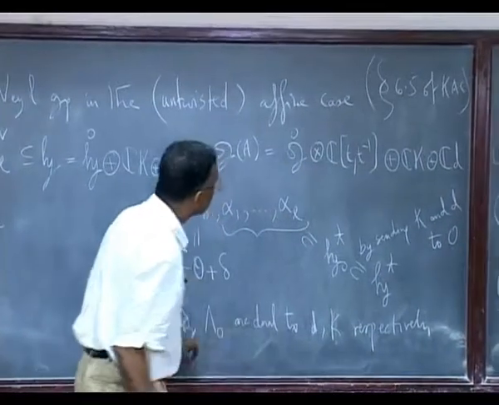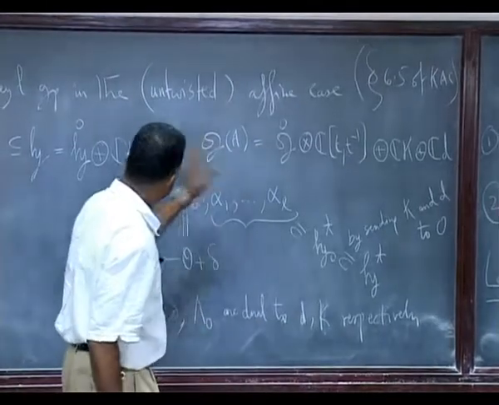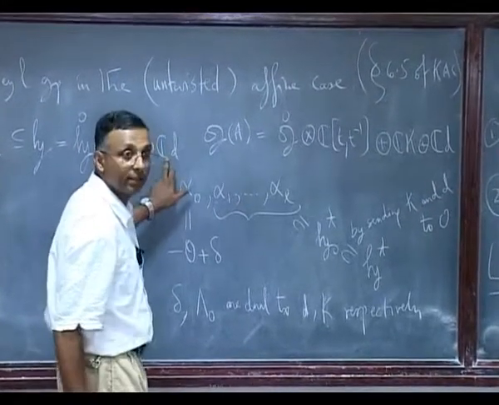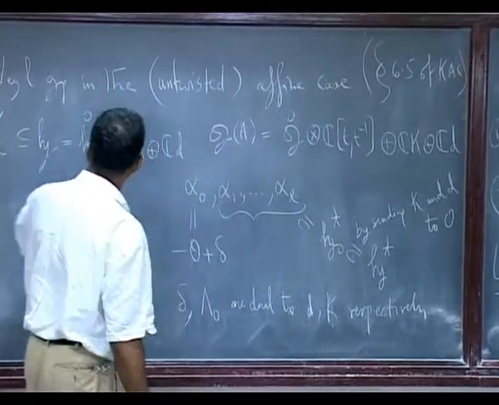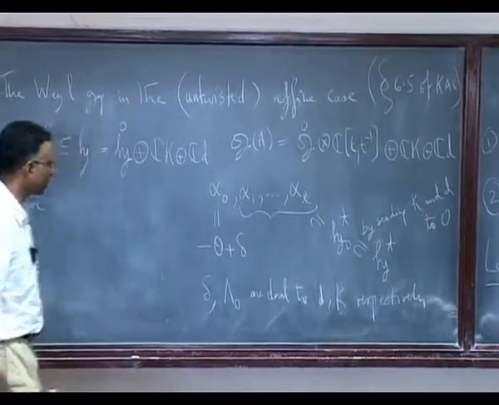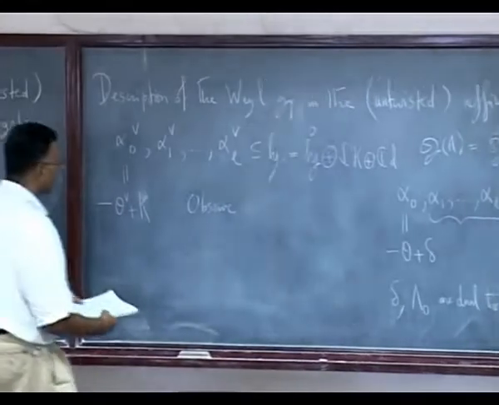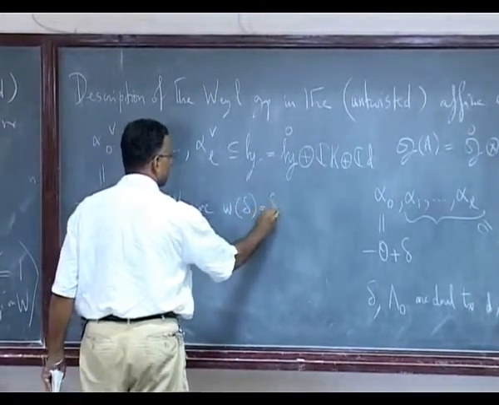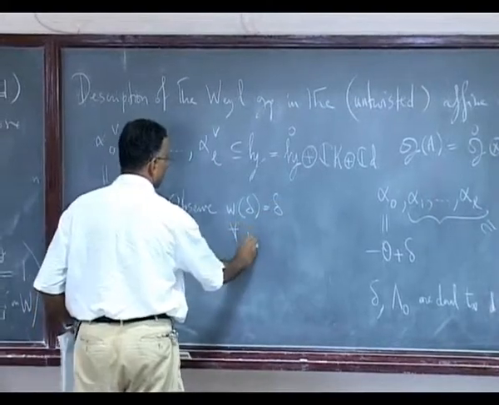So delta is an element of H star. It is 0 here, it is 0 here, and 1 on D. Lambda naught is 0 here, 0 here, and 1 on K. That's the definition. Okay. Now let's observe that W of delta is equal to delta for all W in W.